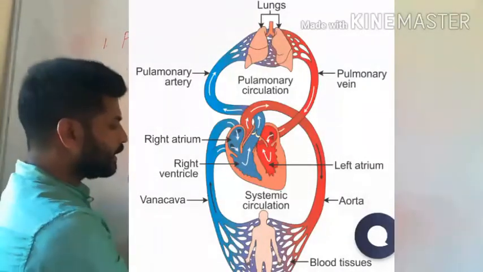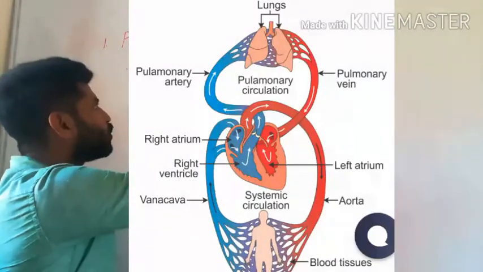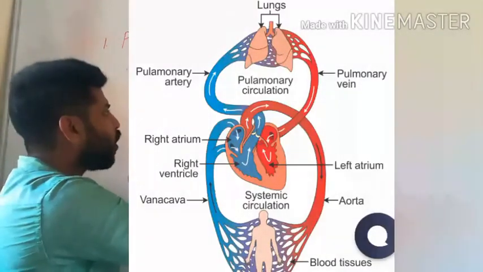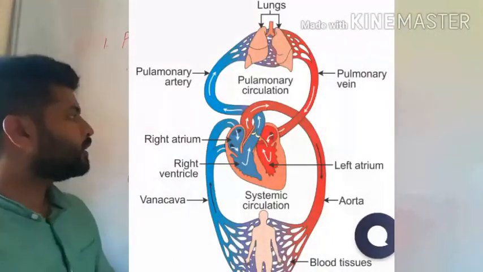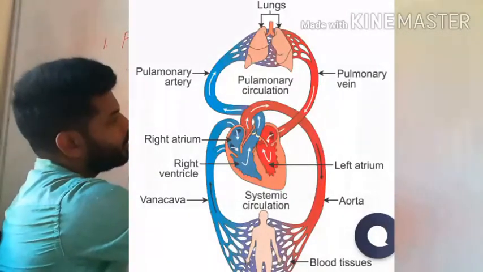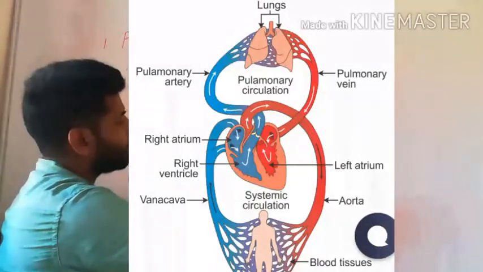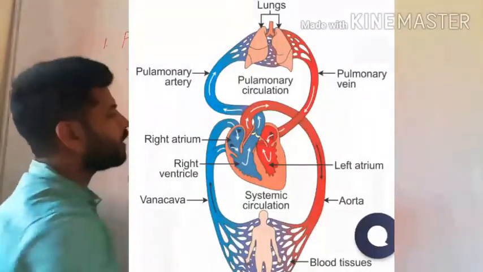Therefore, the carbon dioxide from the deoxygenated blood will be thrown out and fresh oxygen will be pumped into the blood. This fresh oxygen is then carried by the pulmonary veins into the left atrium.